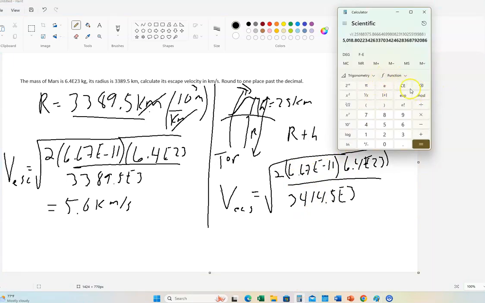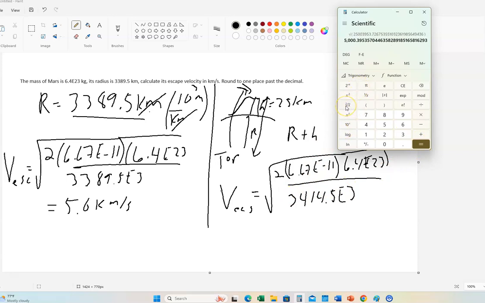So the numerator is that, and then divided by the distance from the center to the top of Mount Olympus, which is going to be 3414.5 times 10 to the third.